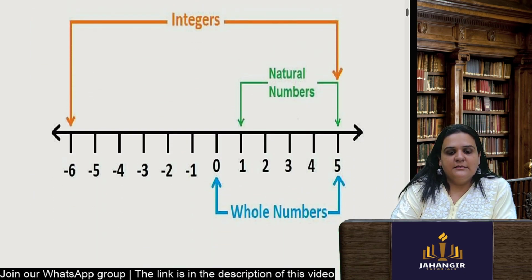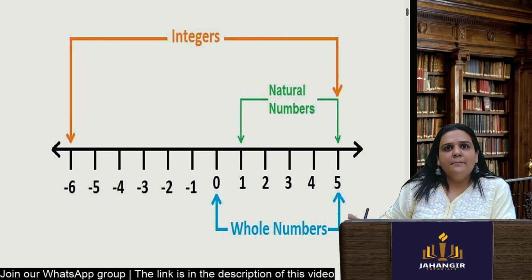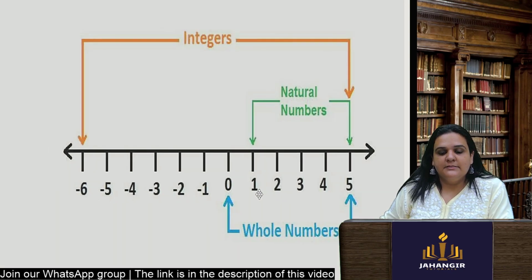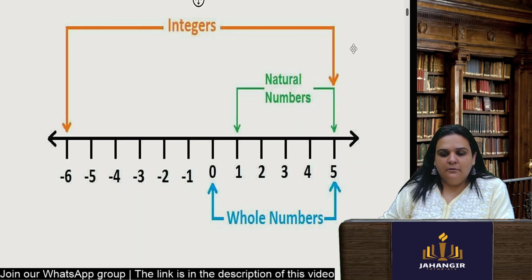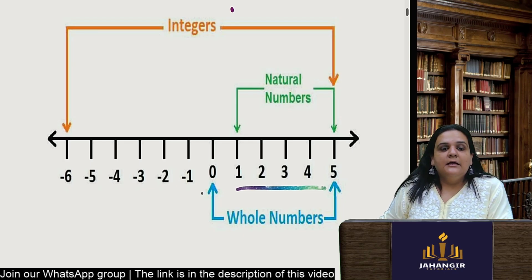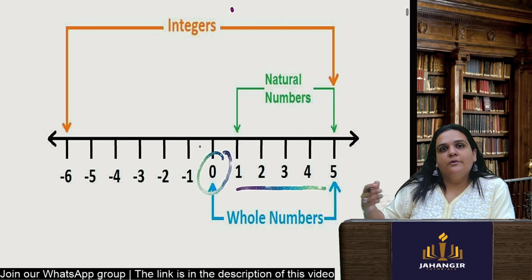Now see this. When I am talking about natural numbers, I am talking about all the numbers on the right hand side of the number line. That is 1, 2, 3, 4, 5, all these are my natural numbers. Whole numbers begin with 0, so they start from 0 and then again go to the right hand side.